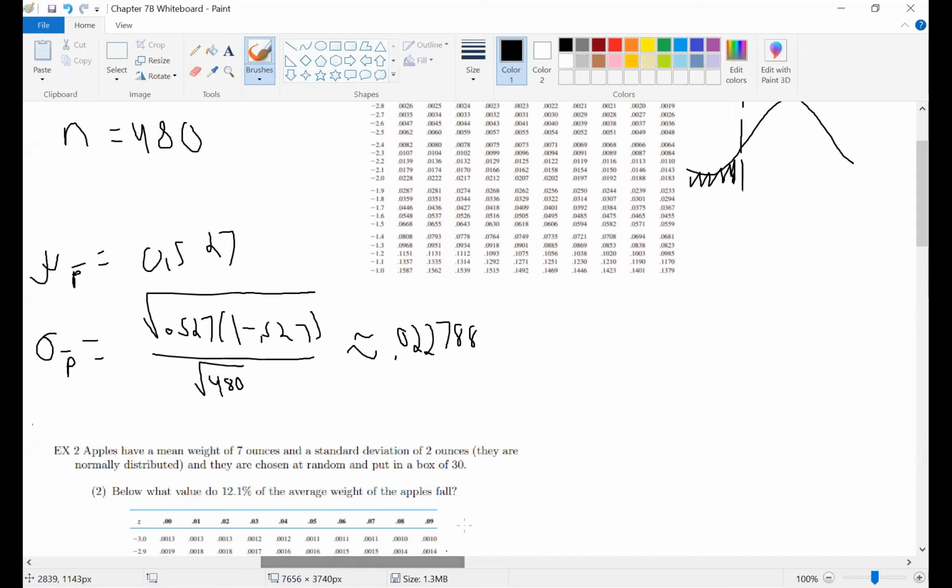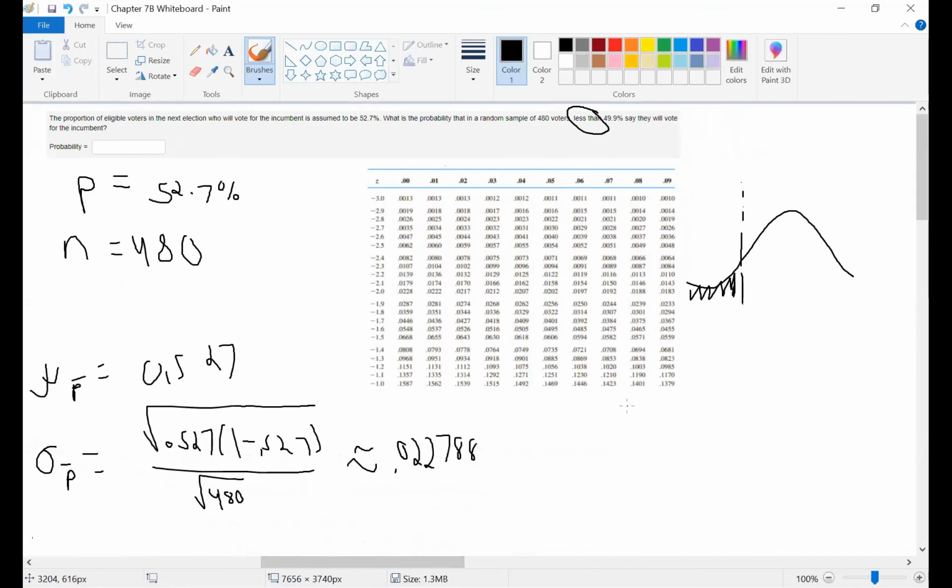Now we compute our z-score. Let me scroll up a little bit. So our z-score here, we're looking for below 49.9. So we have 0.499 minus the population mean proportion, which is 0.527 divided by this. And I will switch back to Desmos now.